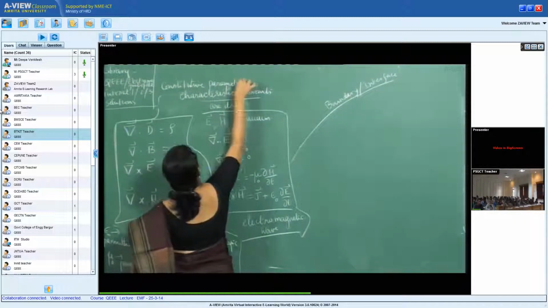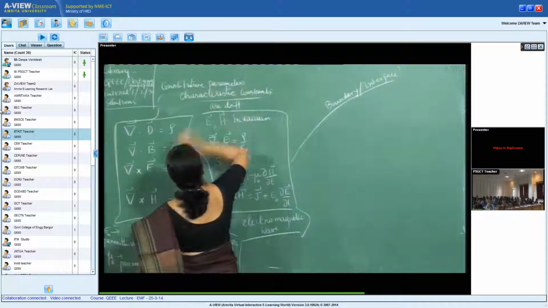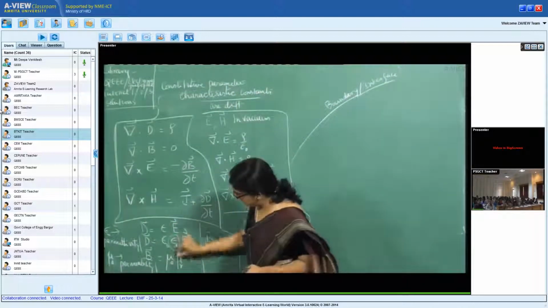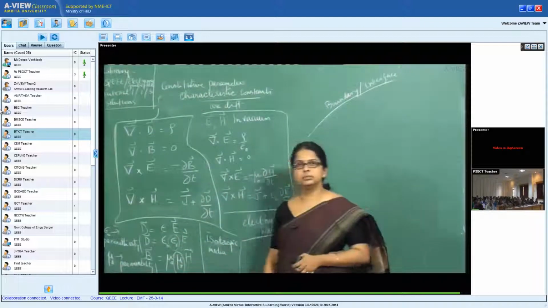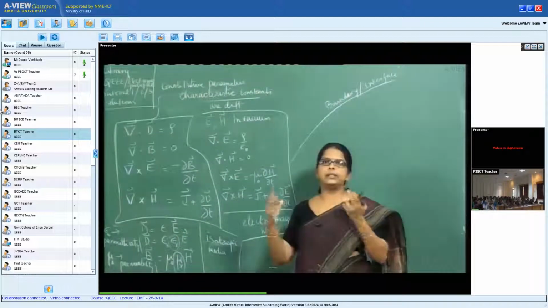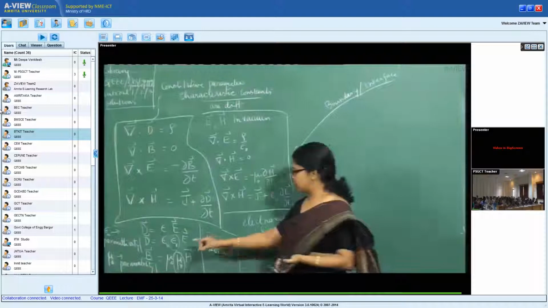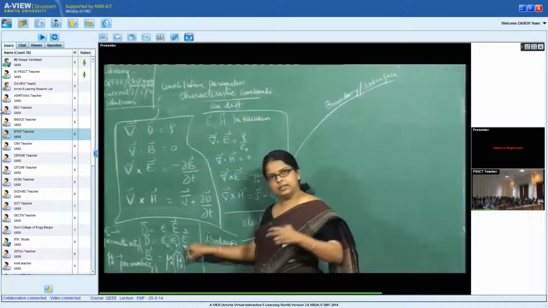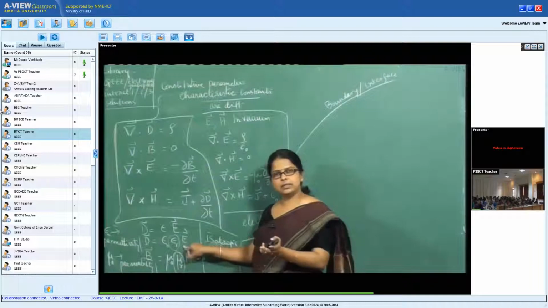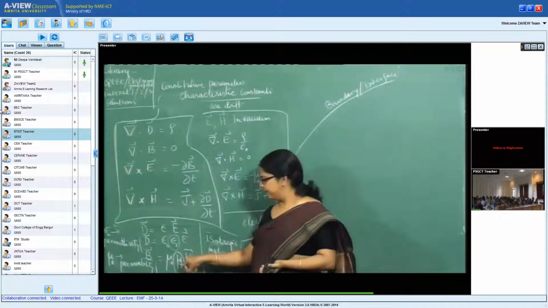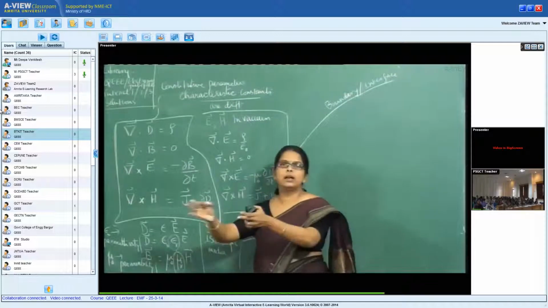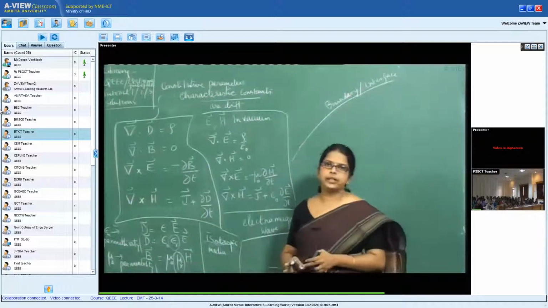It's a very scary term, but all we mean is that the constitutive parameters are epsilon r and mu r, which tell us the characteristic of the medium. Epsilon r tells us how much the electric field can penetrate, what the flux density is. Similarly, for magnetic flux density, by how much can mu r penetrate into them?